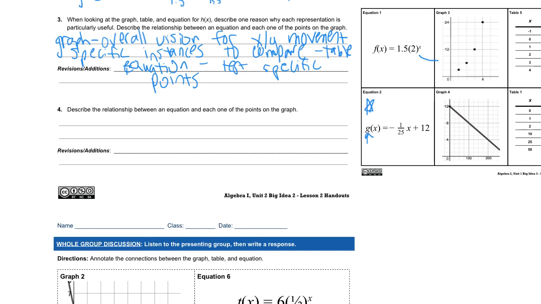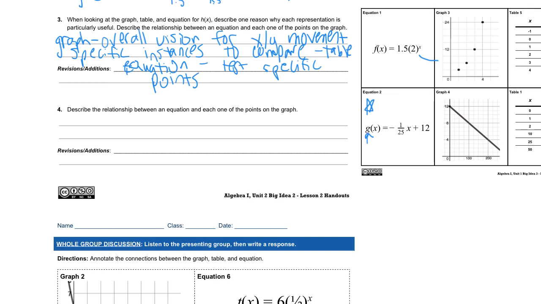Okay. Number 4, describe the relationship between an equation and each one of the points on the graph. Well, I'm going to say it and you write it in your words. The equation gives you the data that you need to fill out the graph. The equation is where the points are plotted, and the graph shows you how to plot them.